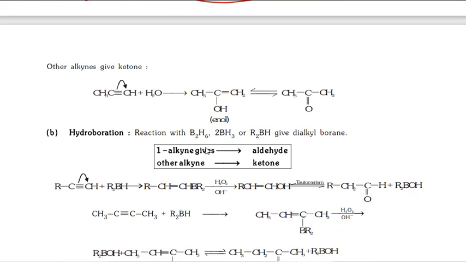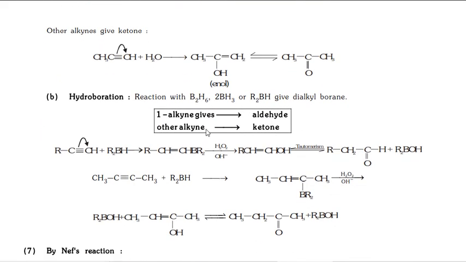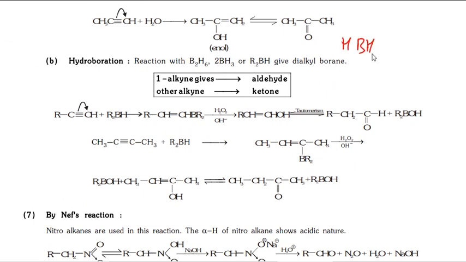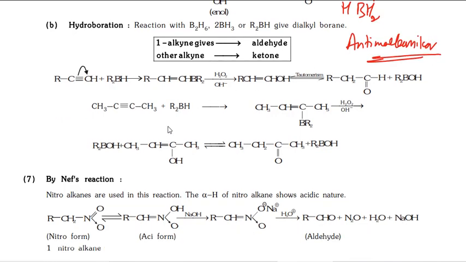Okay, next, hydroboration. Here in this hydroboration we know that HBH3, H minus, here BH2 plus. So here it is giving the anti-Markovnikov product. Suppose generally, if you are taking HOH, direct HOH, the OH is attacking here, HOH, so two times.